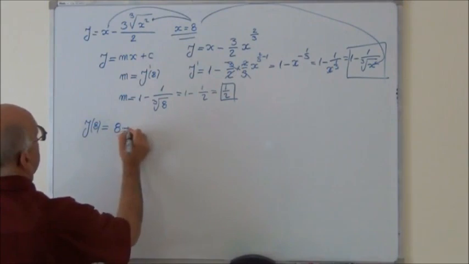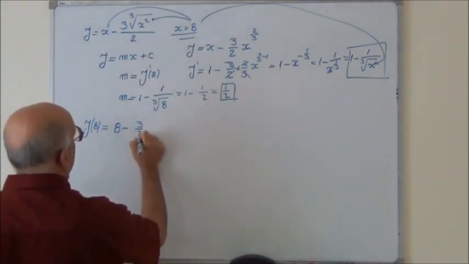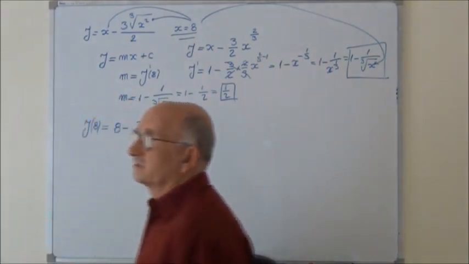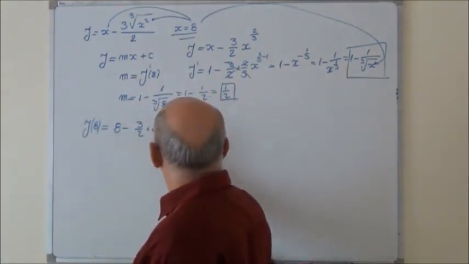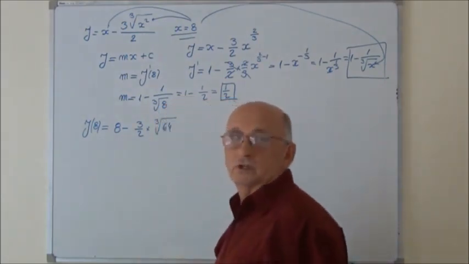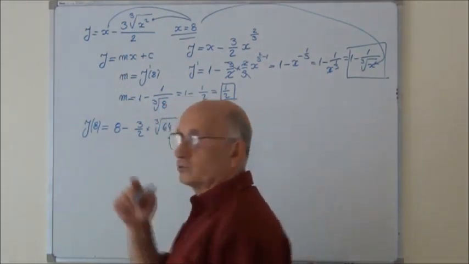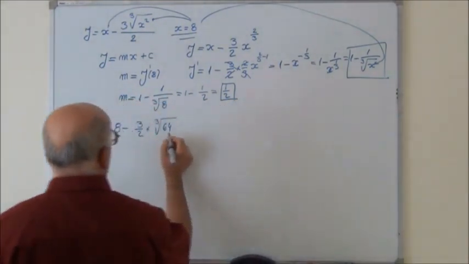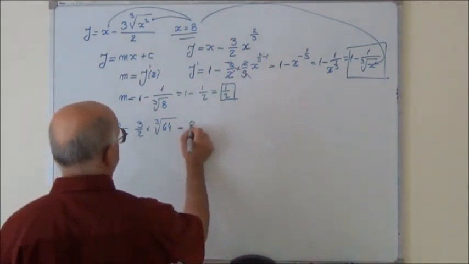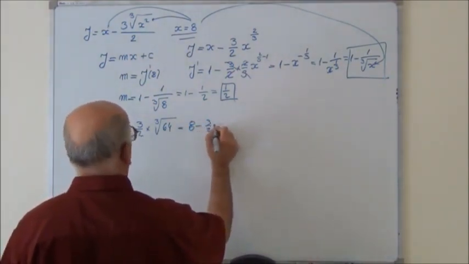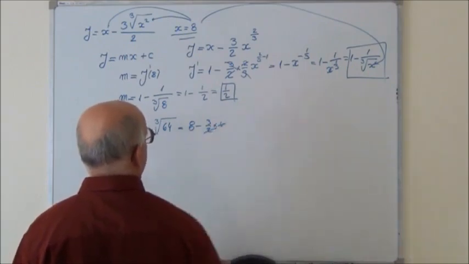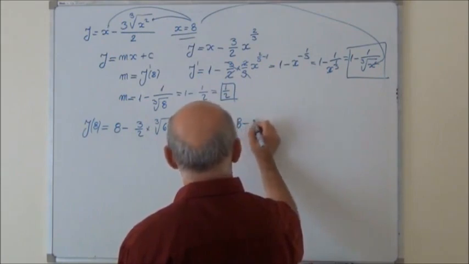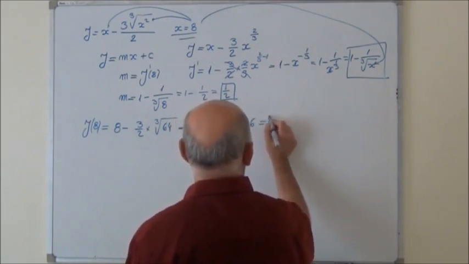So we have 8 minus 3 on 2 multiplied by the cube root of 8 squared, that is 64, and the cube root of 64 is 4, because 4 times 4 is 16, times 4 is 64. So it's 4 multiplied by 4, cancel that, and we have 8 minus 6 equal 2.